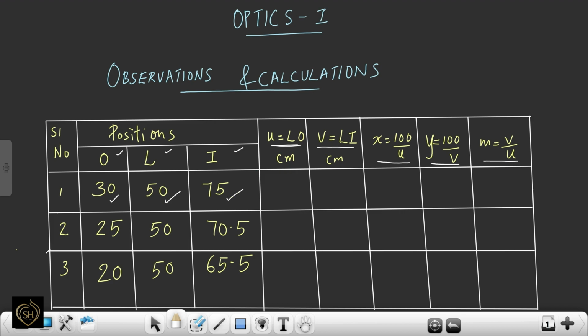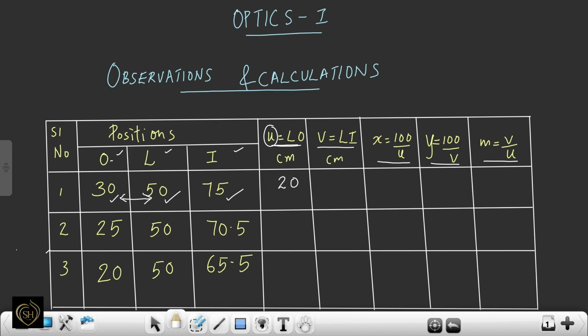Now we have to calculate the value of U. U is the object distance. It is the distance between lens and object pin, that is the difference between 50 and 30. The answer is 20. LO is 20 centimeter.